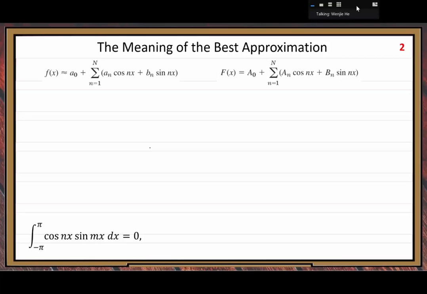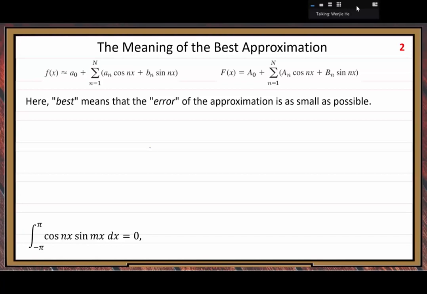The partial sum of the Fourier series, the first one, and the second, the general degree n trigonometric polynomials. The best means the error of the approximation is as small as possible.